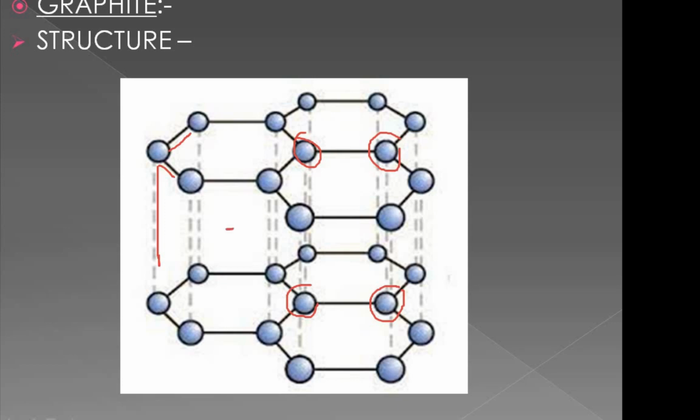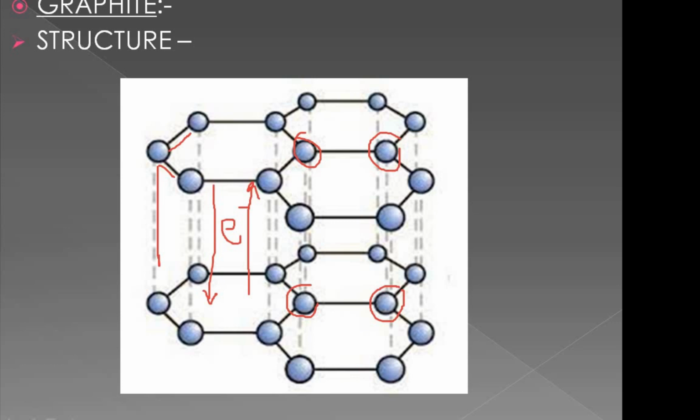So a free electron oscillates from this sheet to this sheet and again back to this sheet, giving all the carbons which do not have their valency fulfilled a chance to fulfill their valency.